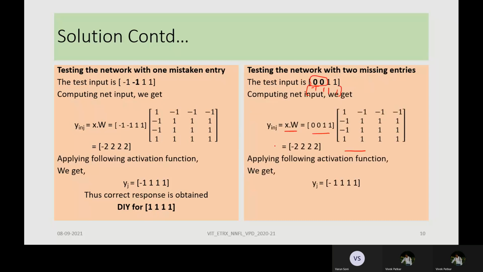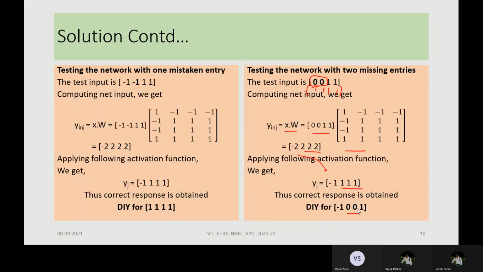Oh, wow. So even if 50% of data is missing, we are able to reconstruct the original pattern back. Okay, so that is the essence of this auto associative memories. Here, you can try for yourself another combination where these two data are missing.